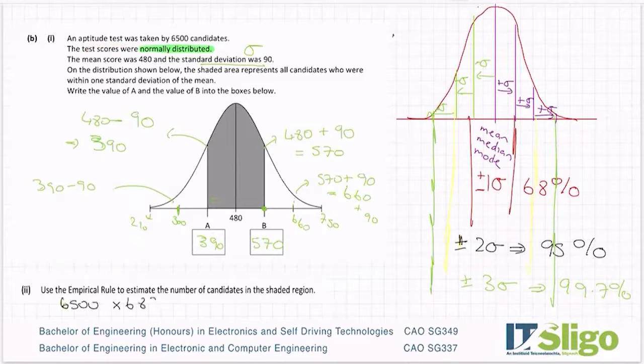And if I get 68% of that, 6,500 divided by 100, multiply by 68, and I'm getting 4,428 candidates. So that's how you do the empirical rule. If you didn't know the percentages, you wouldn't know what to put here.